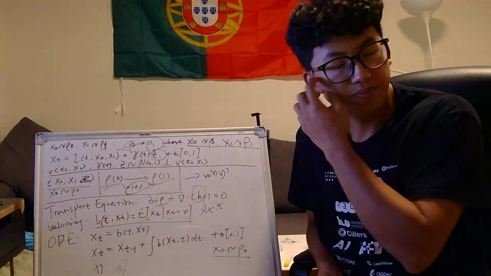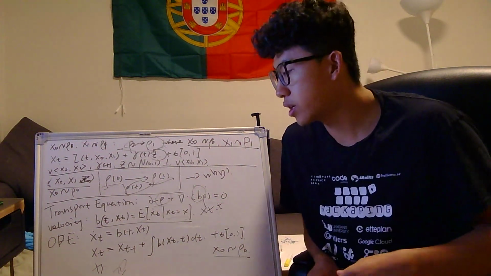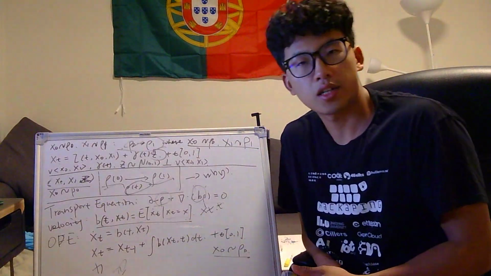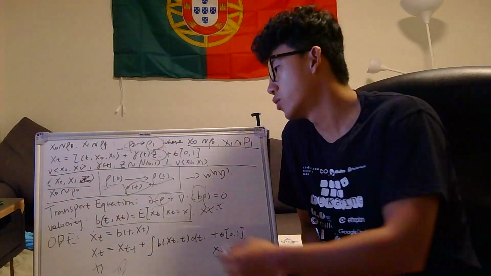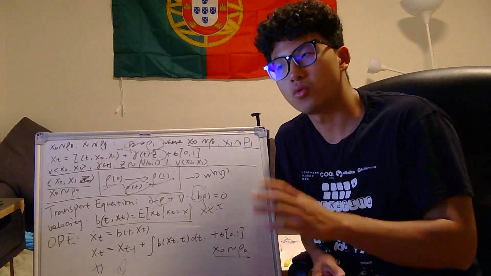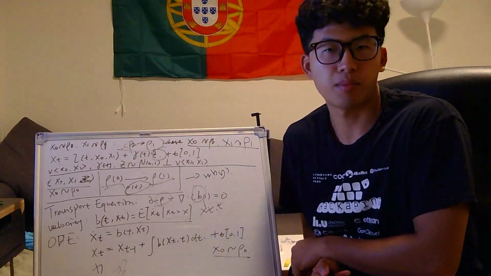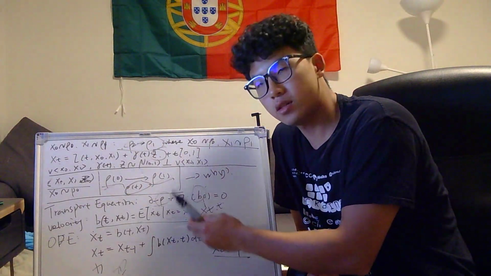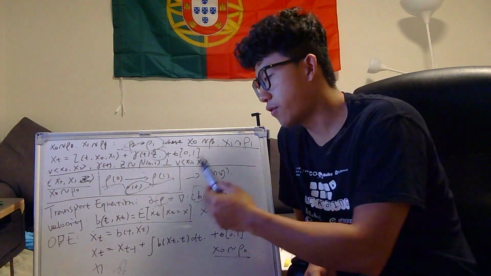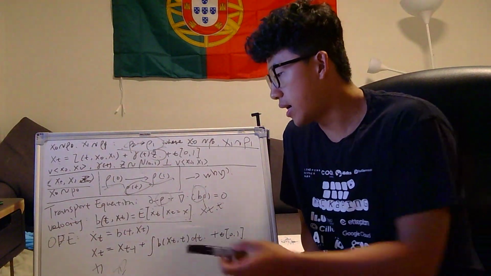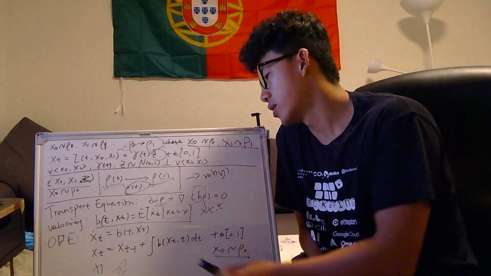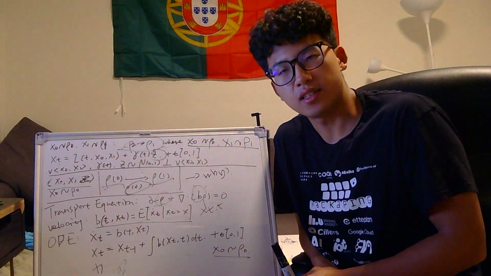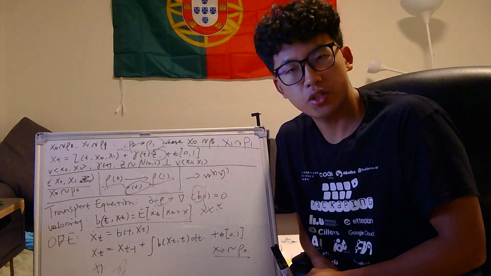Velocity is a function only depending on t and x. It uses conditional expectation to eliminate the random variables that we cannot sample. So the velocity is defined as the conditional expectation of the derivative of xt given xt equal to x.